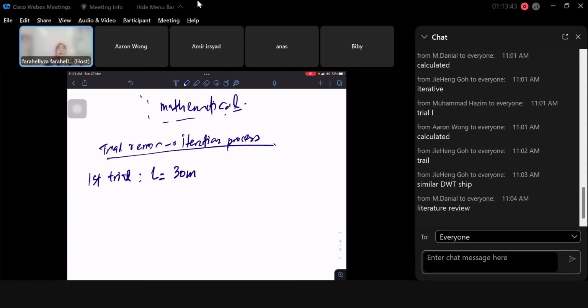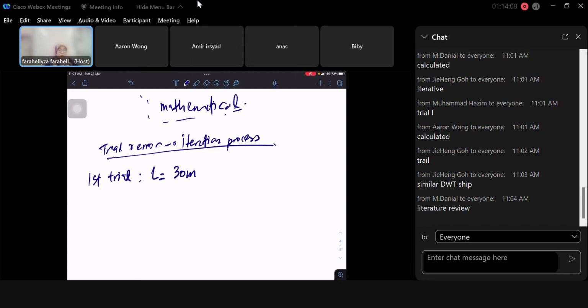You key in that value and see what vessels are available in the world, and you get the L, B, D, T of that similar ship, or reference ship, or basis ship, we call it. So get that similar DWT from literature review, from Google, or from books, whatever you can find.